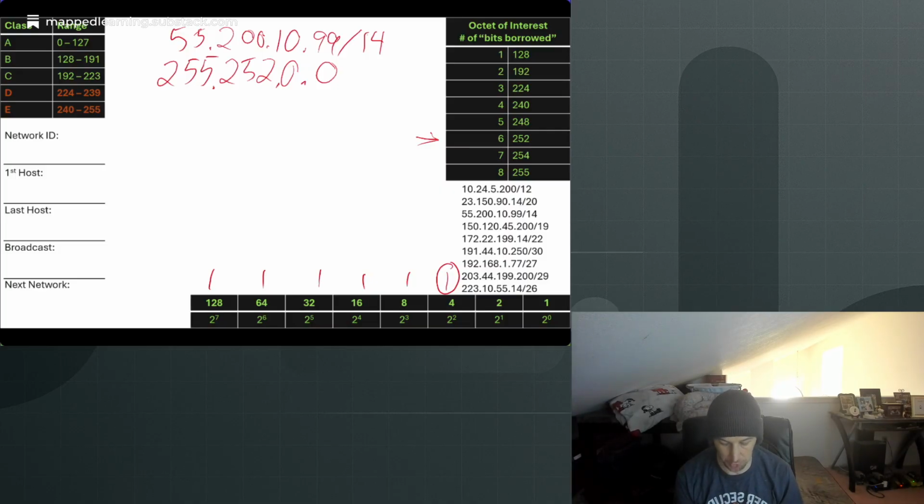So that means that our network ID for this IP address is 55.200.0.0. First host, 55.200.0.1. Next network, well, we add the magic number to the octet of interest.